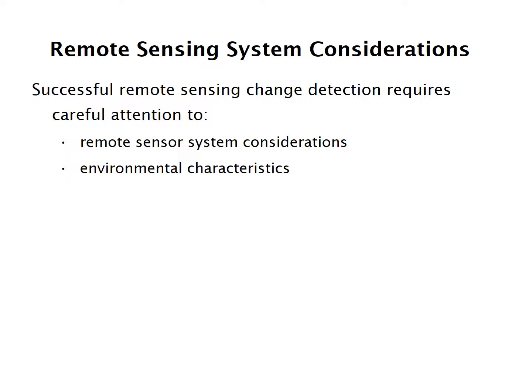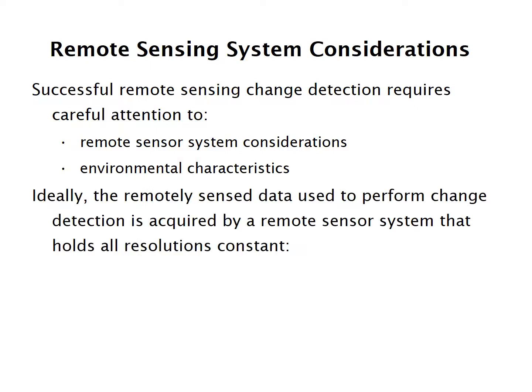Environmental characteristics are also important. Some things, it doesn't matter whether you measure in the fall or the spring. Sometimes seasonality is important. Sometimes time of the day is important. Sometimes the position of the moon is important because of things like tides. Ideally, remote sensed data used to perform change detection is acquired by some sensor that holds all resolutions constant.